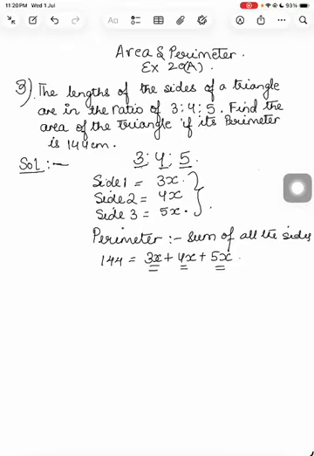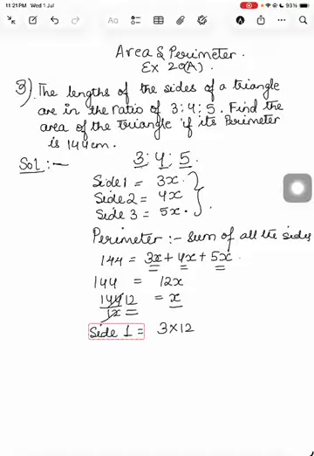3x plus 4x plus 5x becomes 12x. So 12x is equal to 144. So x is 144 divided by 12, that is, x value comes out to be 12. Now we will get the real sides. So side 1 will become 3 into 12, 3x.